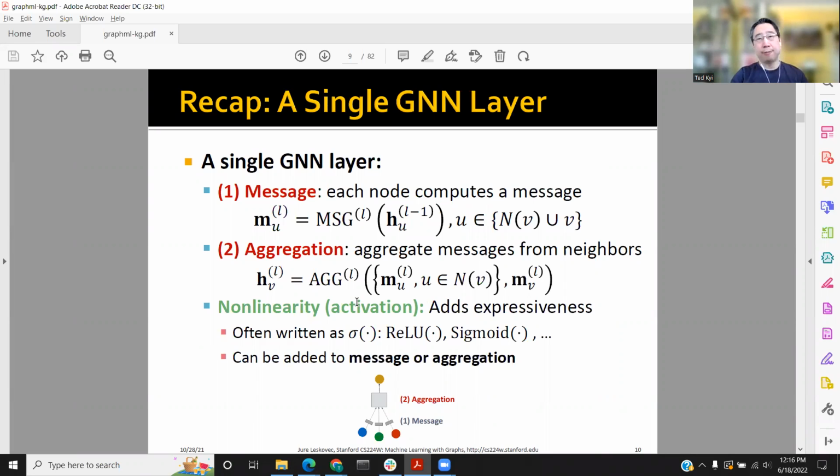And typically, in order to increase the expressive power, we're going to add some sort of nonlinearity. And again, this looks just like the non-graph neural networks that we've talked about. So you have sigma, ReLU, whatever. You can use all the exact same things in our tool belt that we use for graph neural networks. And all the other things that we talked about still apply, skip connections, whatever, but those aren't particularly relevant to how we now deal with heterogeneous graphs.